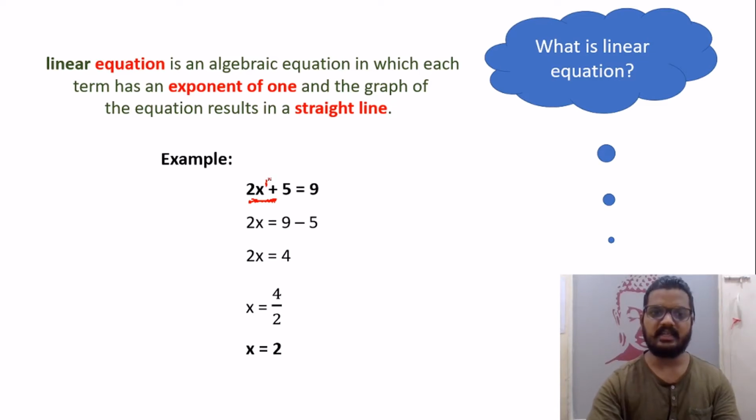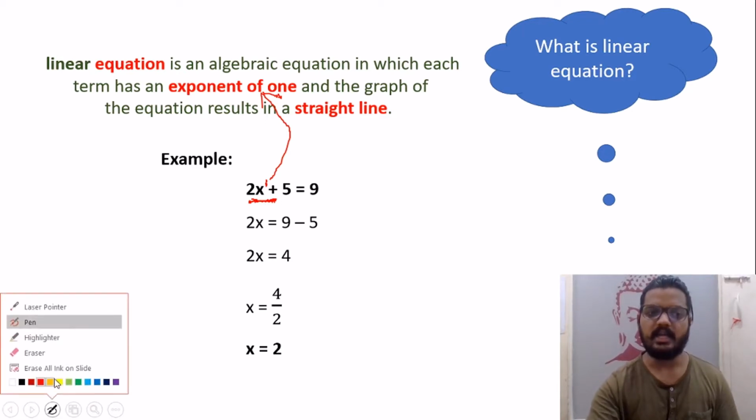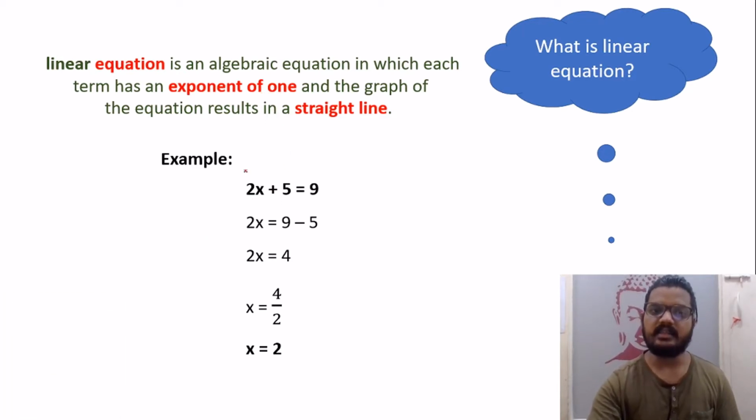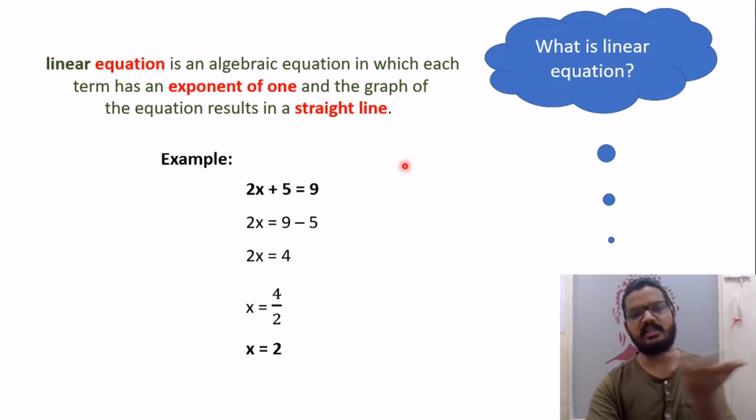So can I say the exponent of this equation is 1? Is it satisfying the rule? Yes, students, it is satisfying the rule, and that's how we understand what an exponent is and how it helps to form an equation. So if the exponent is 1, that means it's a linear equation.